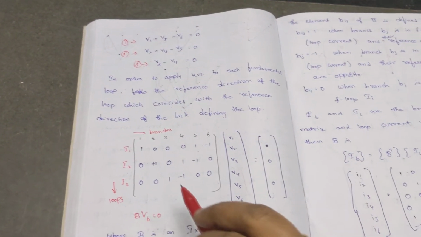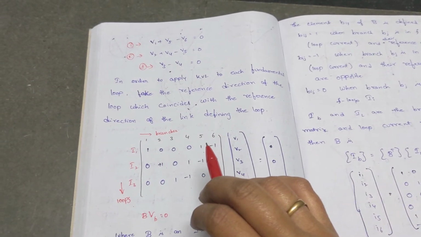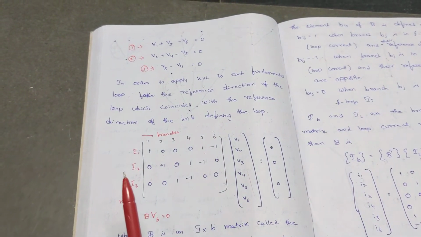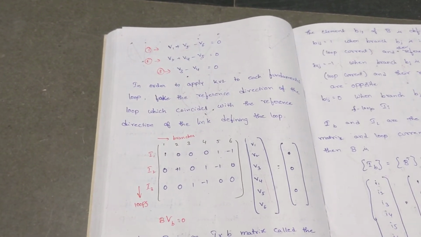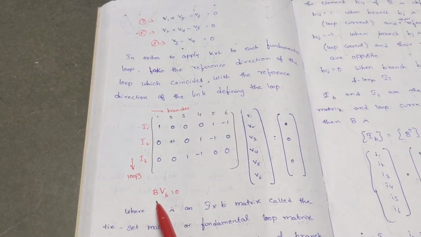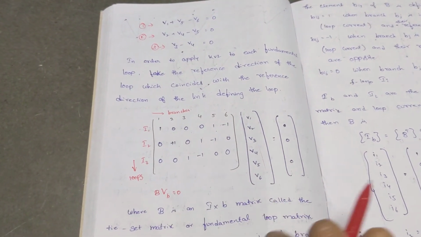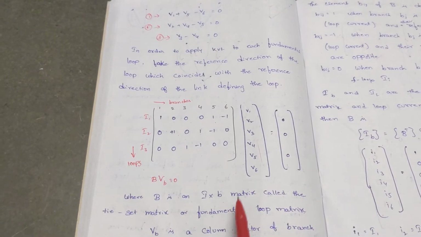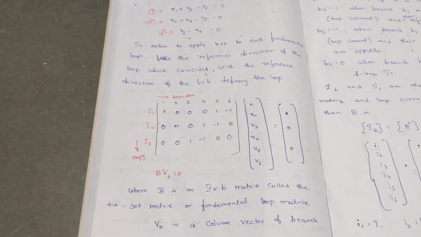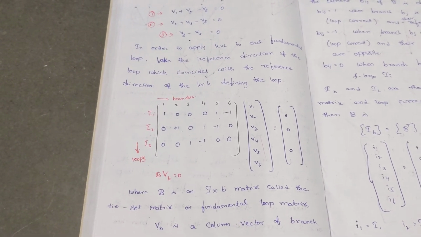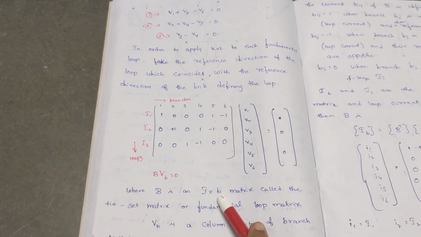So this entire matrix we call the tie-set matrix, which is represented with capital letter B. And these are your branch voltages. The dimension of your tie-set matrix is loops cross branches.